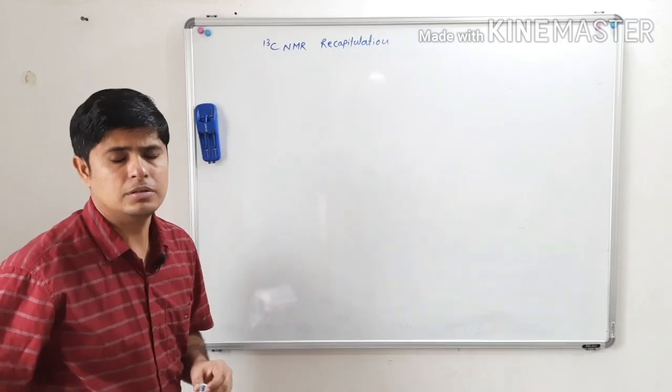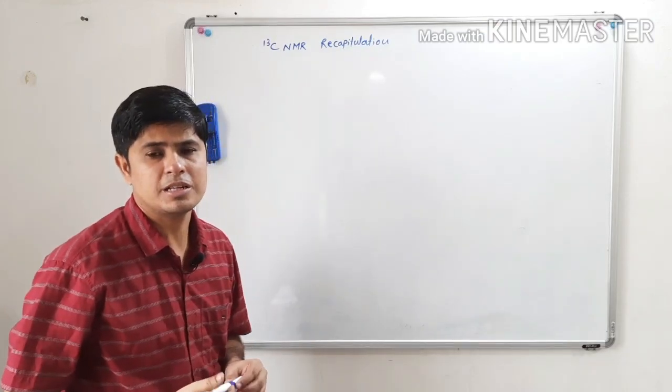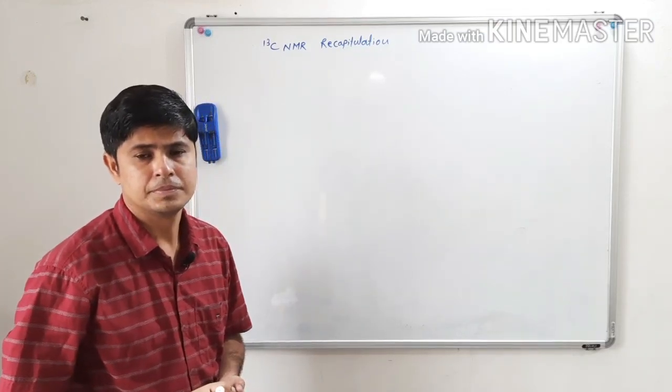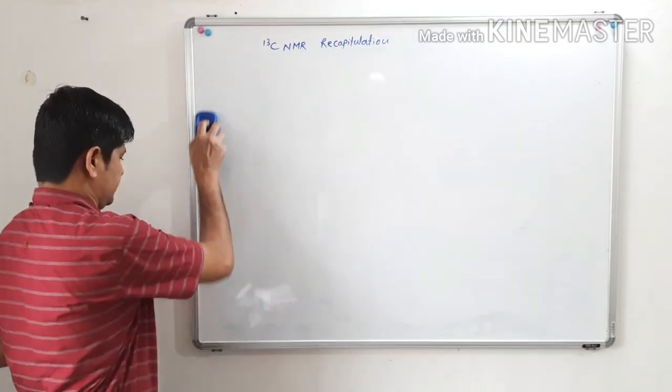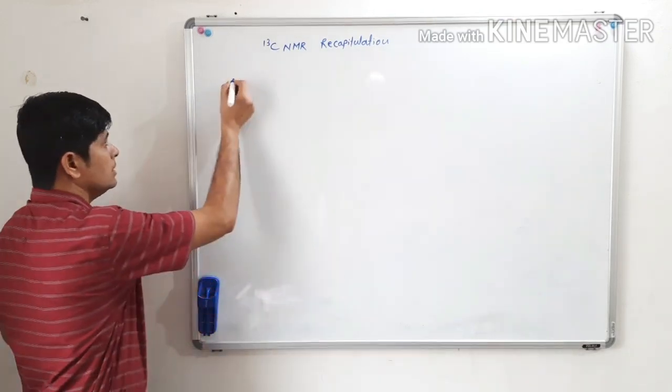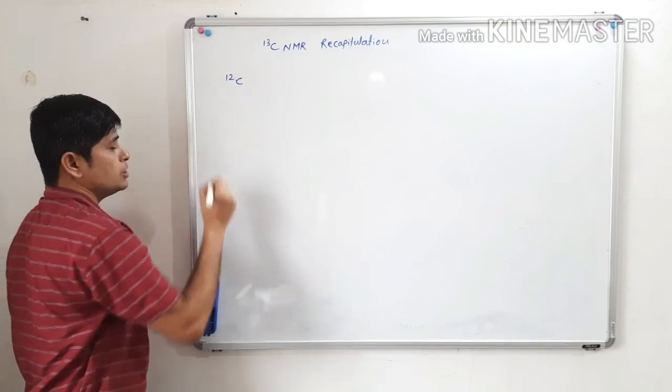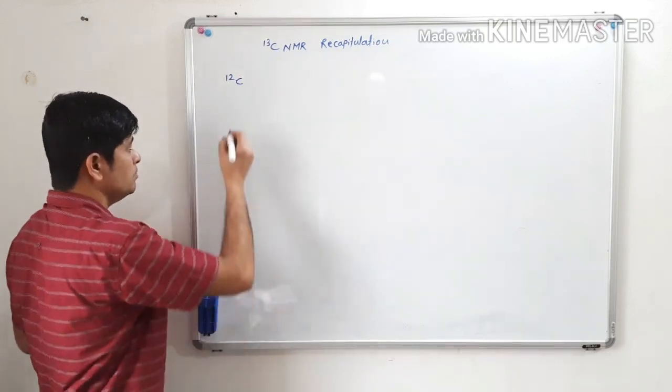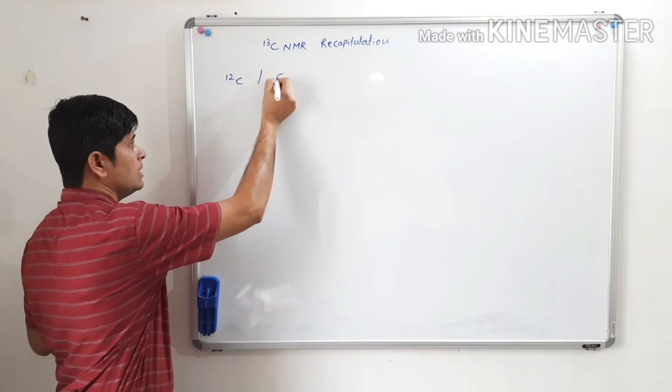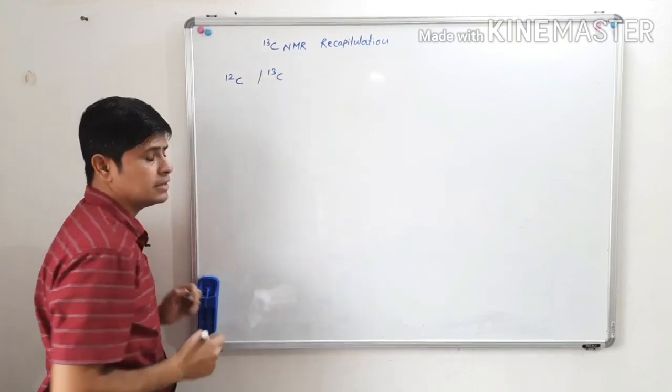What do you know about carbon 13 NMR spectroscopy? Okay, let us see. There are two isotopes of carbon majorly. One is carbon 12 and the second one is carbon 13.